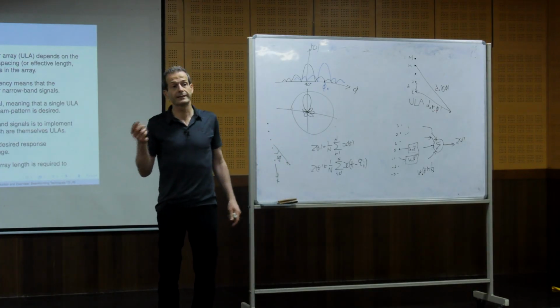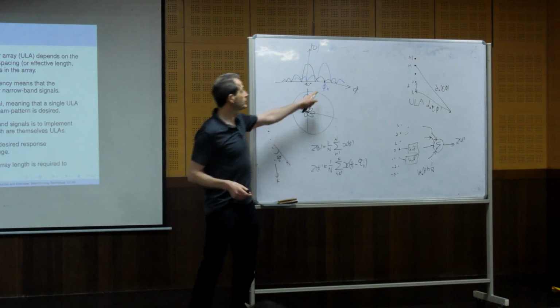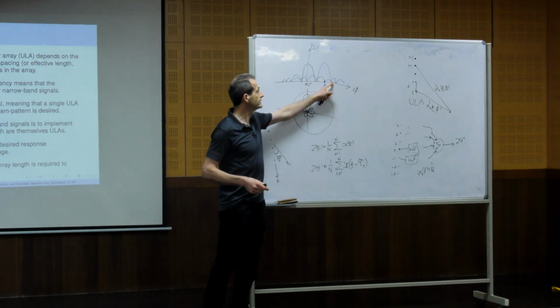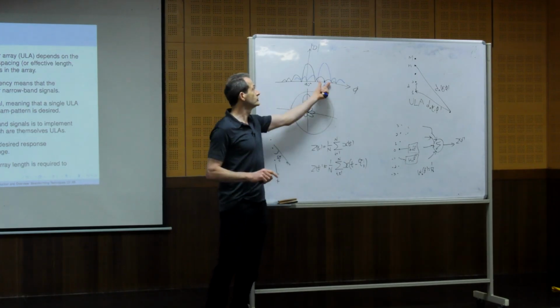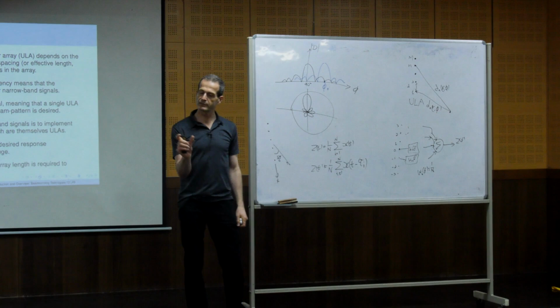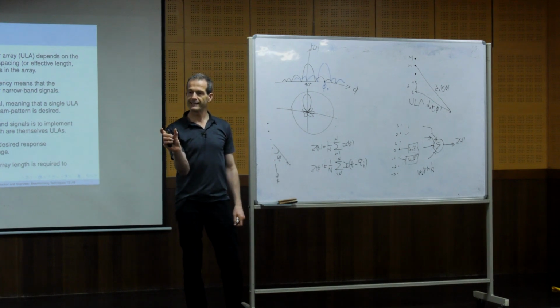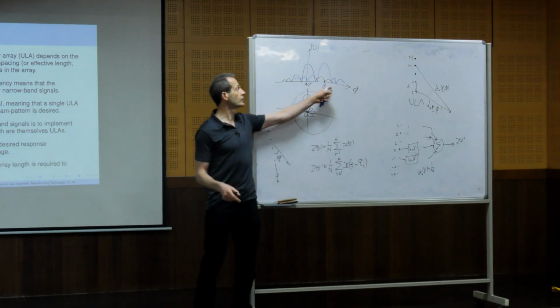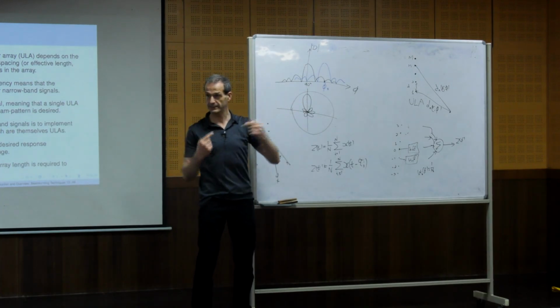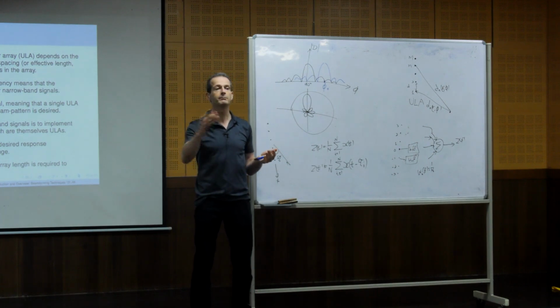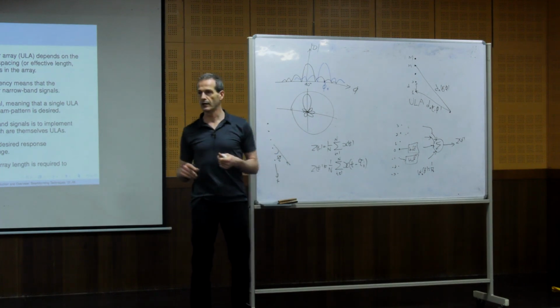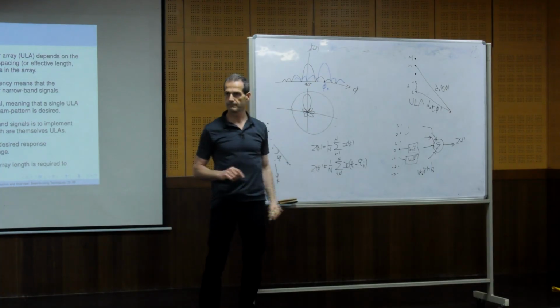Maybe I don't know exactly the direction. Maybe it's here, not here. But I steer it to a different direction, and it's too narrow. If the width is too narrow compared to the error in the direction of arrival estimation, then it's not good, because I will miss the direction. I will miss the desired source.